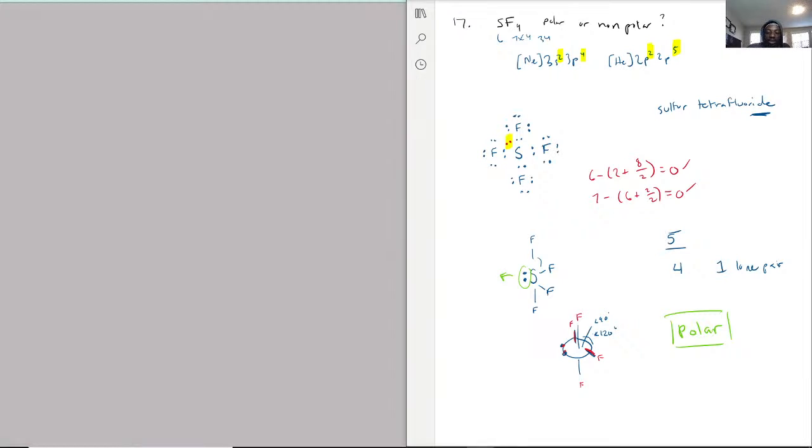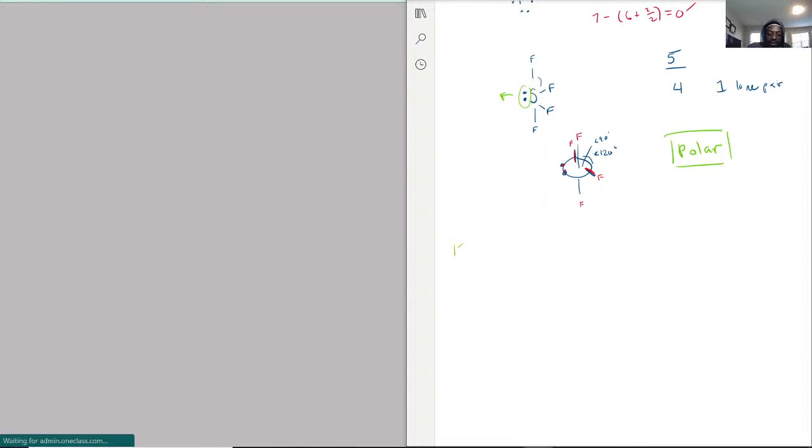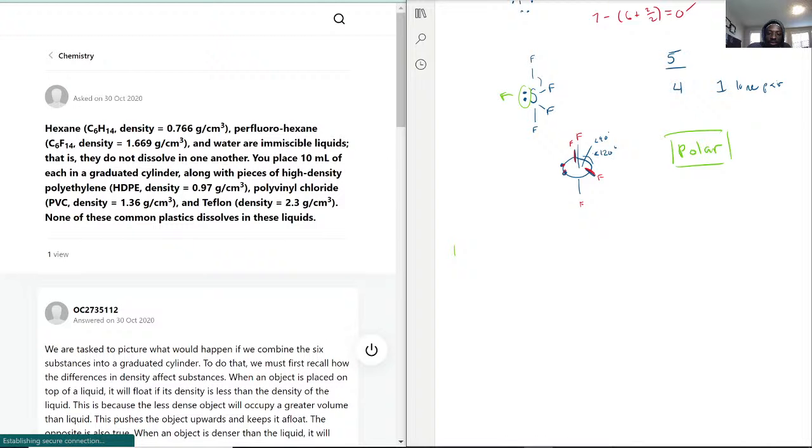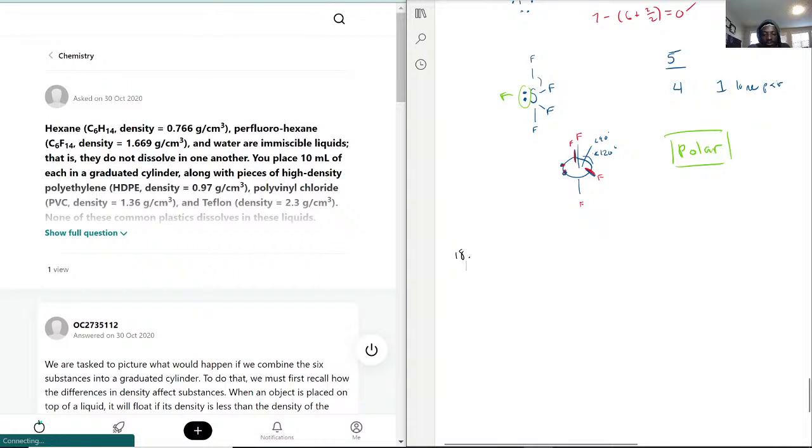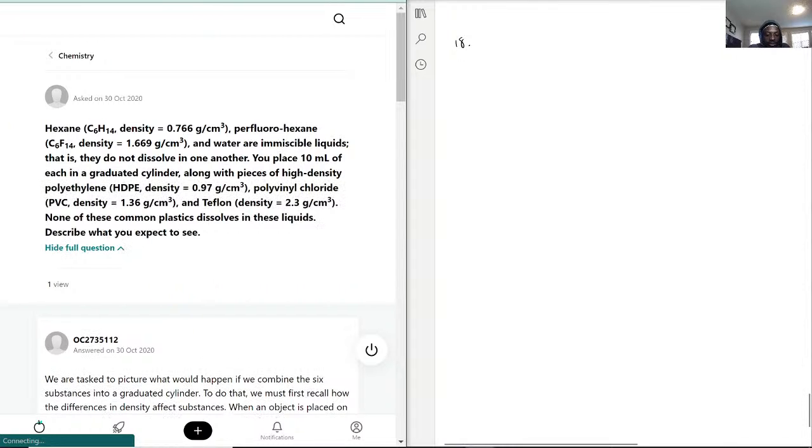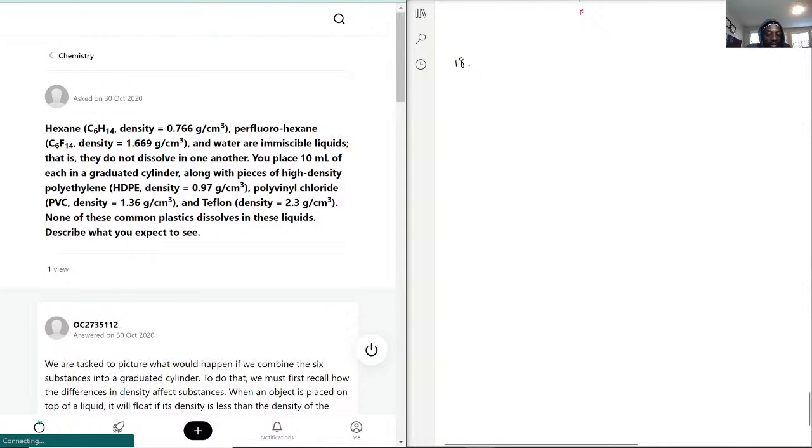So let's move on to question 18. Hexane has a density of 0.766 grams per centimeter cubed.